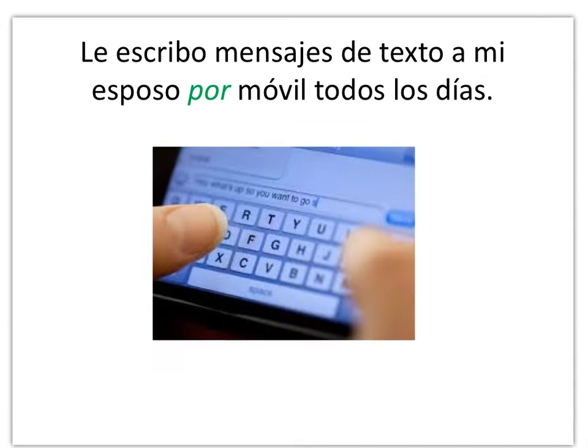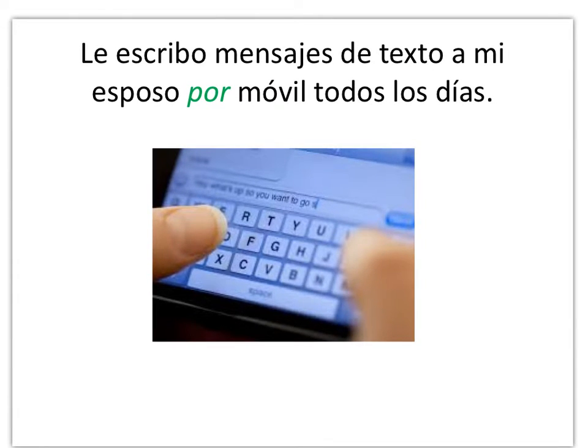Okay, otro ejemplo con por. Le escribo mensajes de texto a mi esposo por móvil. Todos los días, por móvil. ¿Cómo se dice móvil en inglés? Mobile, cell phone, exactamente.